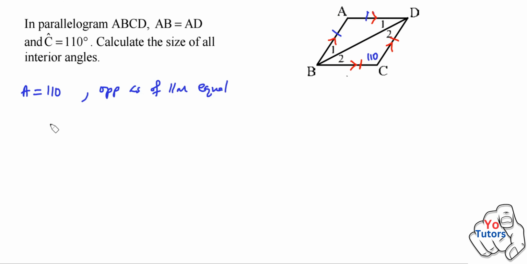Now, okay, what's next? What we also see is that when we look at the angle here, this one, 110, we can also find D1 and B1. Okay, so we can now say B1 is equal to D1. Why are we saying that?